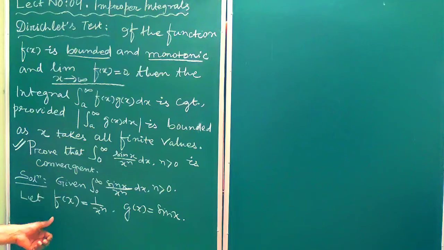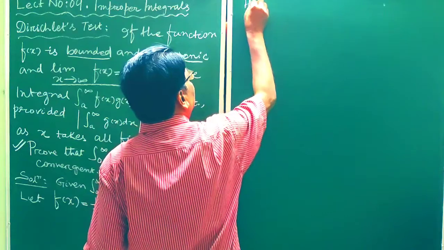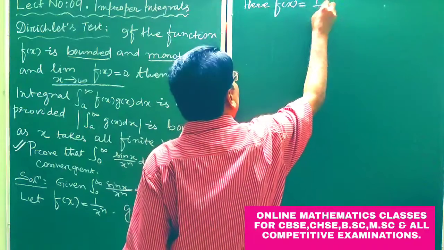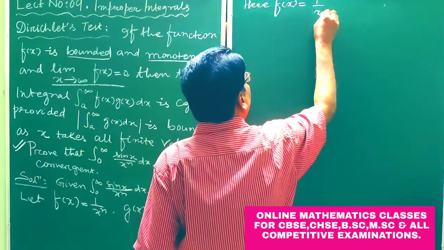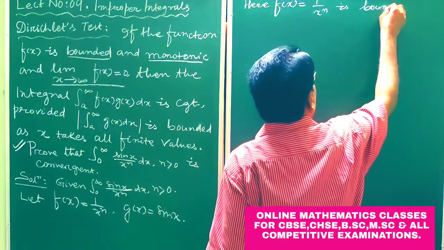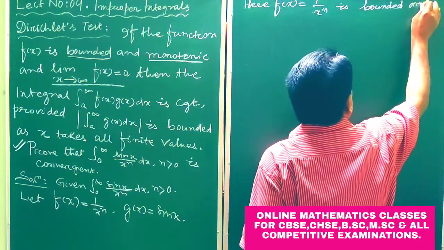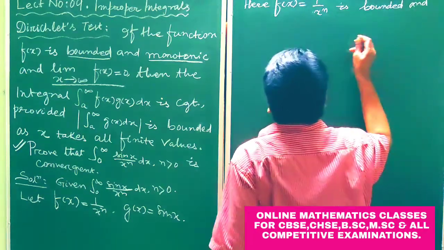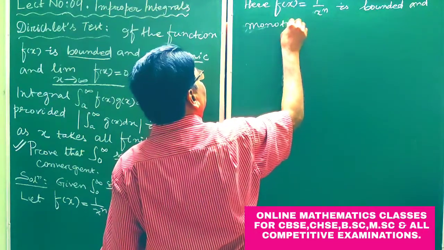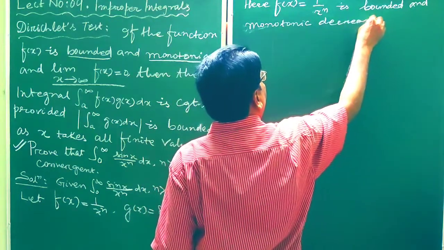Now let us consider the function f(x) first. The f(x) that we have chosen, 1 by x to the power n, is bounded and monotonic decreasing.